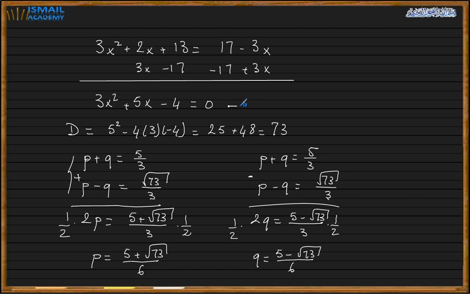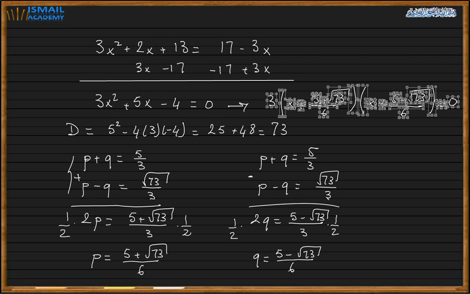Now this statement will become 3 times (x + p)(x + q), which is going to be (x + (5 + √73)/6)(x + (5 - √73)/6), and this is equal to 0. So let me write this one on another board.